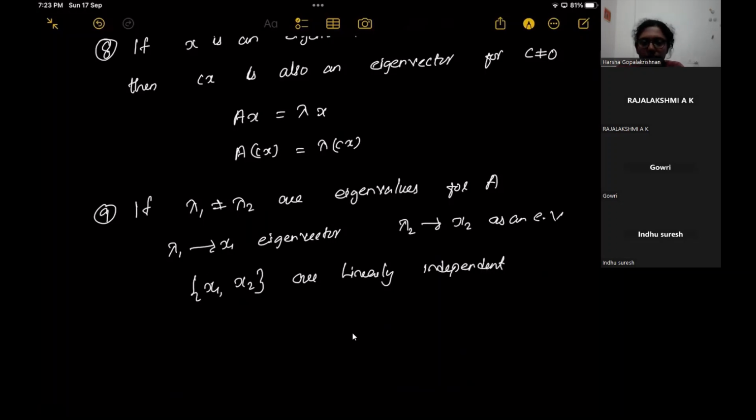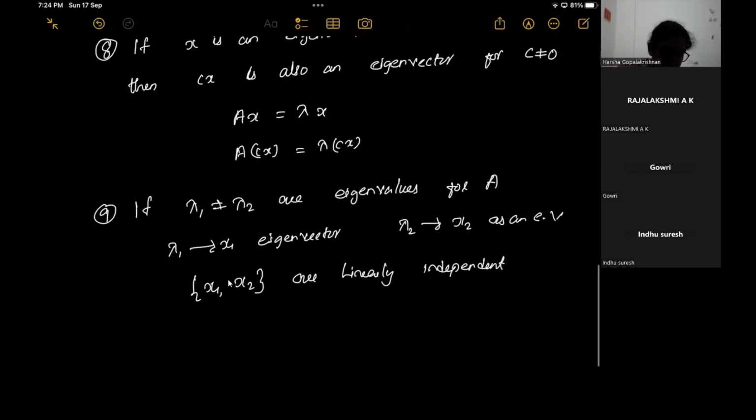What does this mean? The eigenvectors corresponding to distinct eigenvalues are linearly independent. This we are writing for two eigenvalues and two eigenvectors. But extending it to the n case, if lambda 1, lambda 2, etc., lambda n are eigenvalues for A and x1, etc., xn are corresponding eigenvectors, then x1, x2, etc., xn will be a linearly independent set.